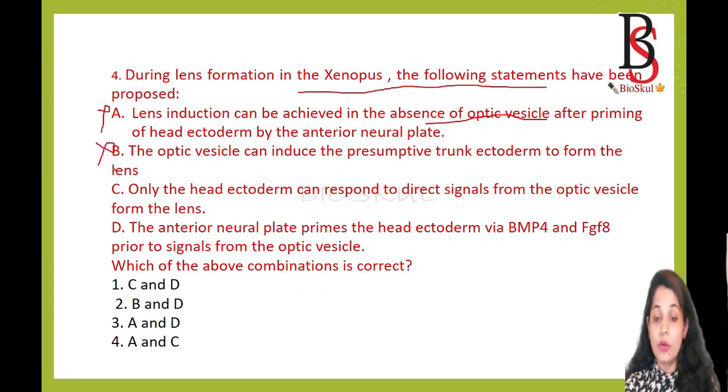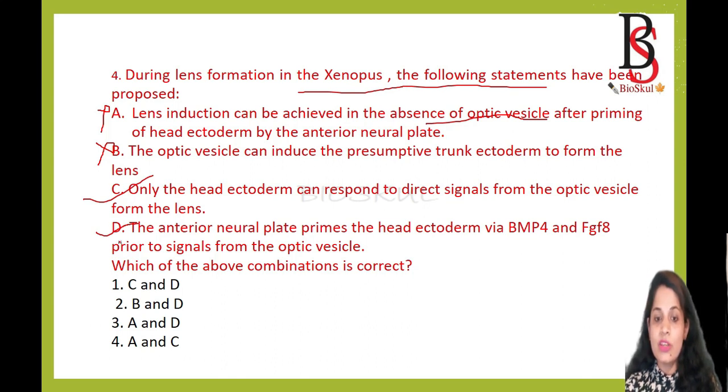Only the head ectoderm can respond to direct signal from the optic vesicle to form the lens? Yes, it is right. The anterior neural plate primes the head ectoderm via BMP4 and FGF8 prior to signal from the optic vesicle? Yes, it's right, and we have discussed it in more detail in our slides. So options C and D are the correct answer.